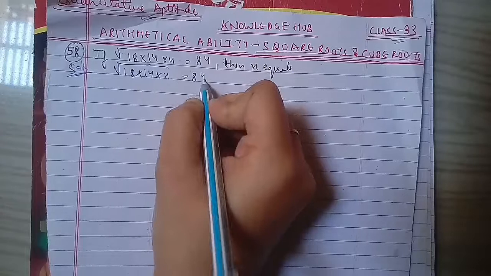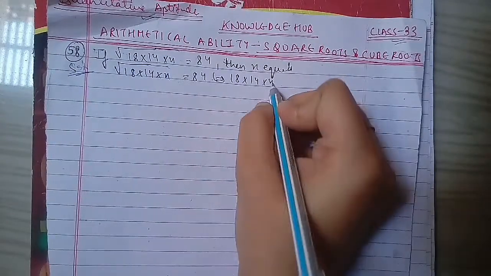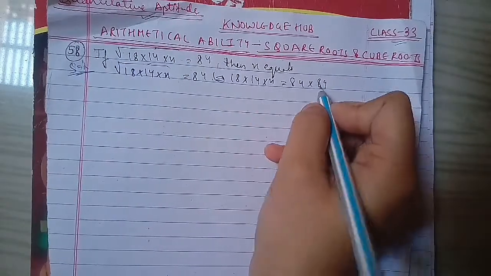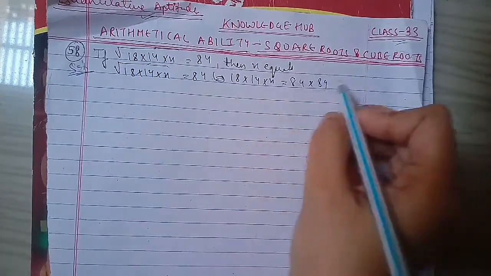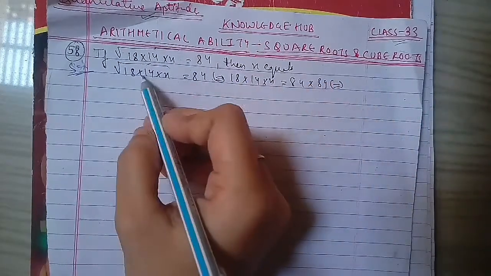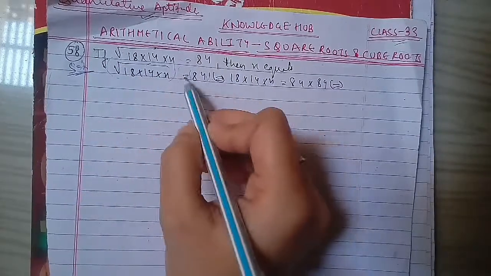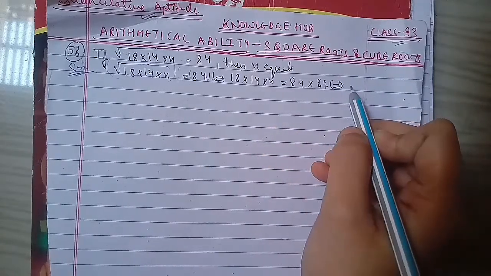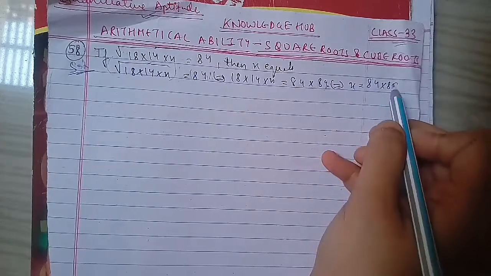We take the square on both sides, so the under root is removed and 84 gets squared, so we write 84 into 84. So x equals 84 into 84 whole upon 18 into 14.